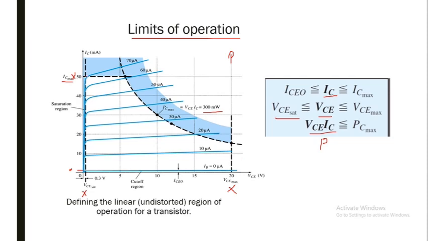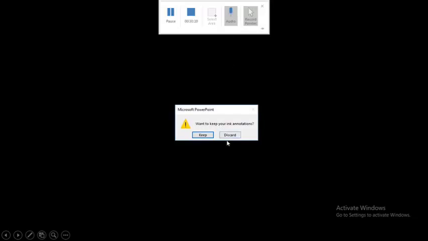And this is the PC max curve, which defines the maximum power dissipated by the transistor. So we need to bias the transistor somewhere in this region depending upon application to get undistorted output signal. That is the end of this lecture.